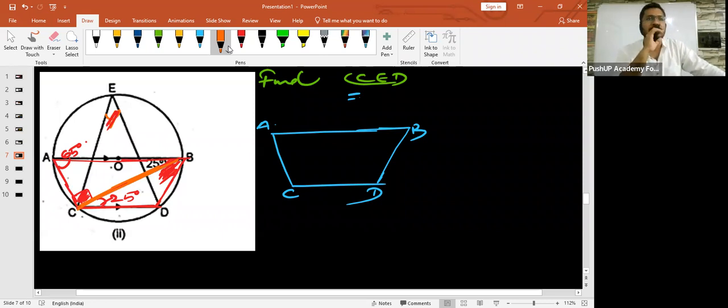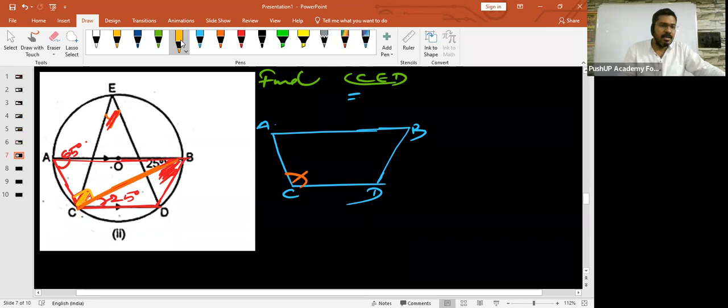I can. Now children, in this cyclic quadrilateral, how much is this whole angle C? That would be this 90 degree plus this 25 degree, which is 115 degree.